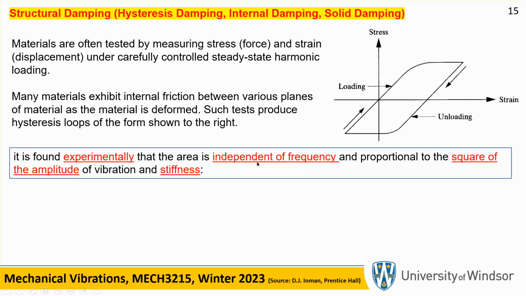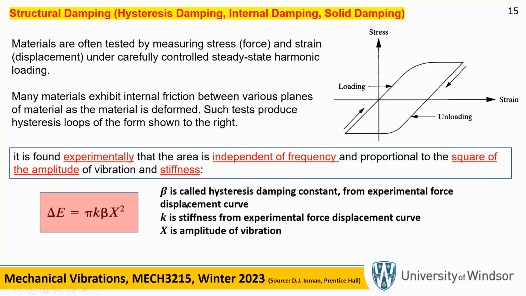Experiment has shown that it's independent of frequency and is proportional to the square of the amplitude, which means big X squared. This area is proportional to big X squared and K, the stiffness.